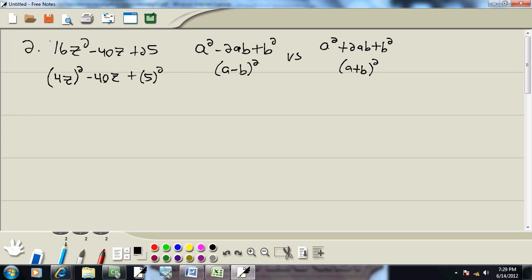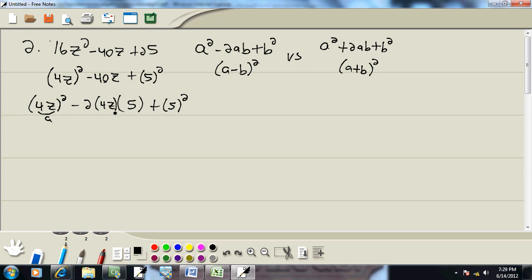So we're going to try to see if we can rewrite the middle as minus 2ab. For us to be able to use this formula, this here would have to be 4z, and this right here would have to be 5. So let's see.